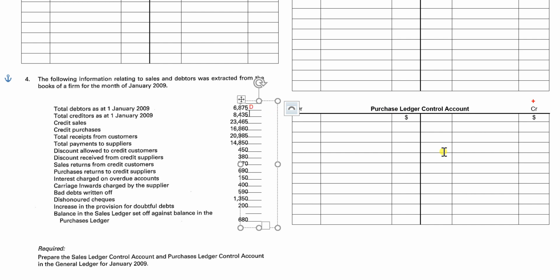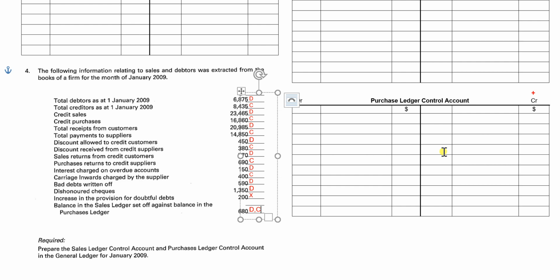So debtor D, creditor C, sales going to the sales ledger control account D, purchase C, customer D, supplier C, customer D, supplier C, customer D, this one supplier C, interest charge on overdue account D, carriage error by supplier C, bad debts customer, dishonor cheque customer, increase in the provision no, and then this one is a contra, so we are going to write it in the purchase ledger control account. Okay, so with this, then you can move on.